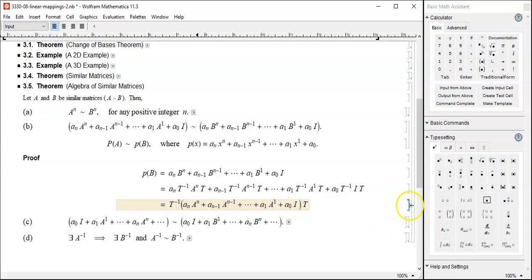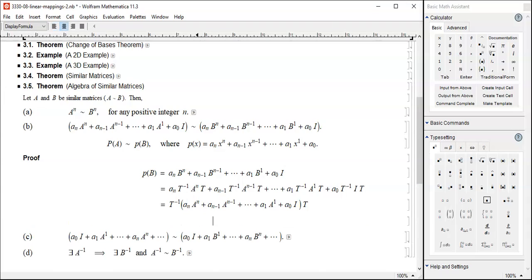And thus, this is the same as a polynomial expression of A. Oops, no, T inverse. Okay, like that.